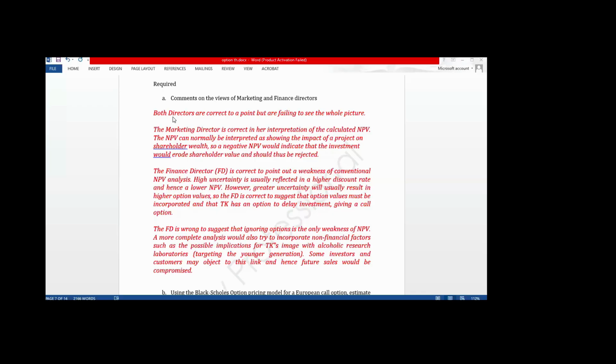By delaying the project for 12 months, that will give you the opportunity to monitor the level of uncertainty and to value the financial flexibility. The financial flexibility is the option provided to delay the project for some years or some months. I hope that is clear.